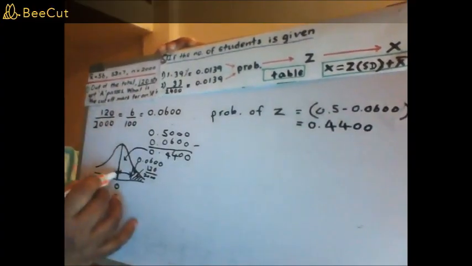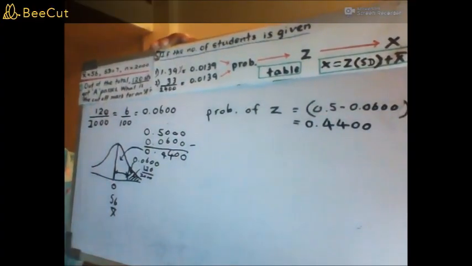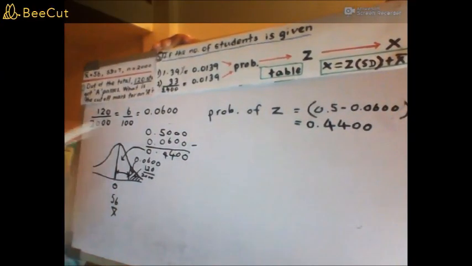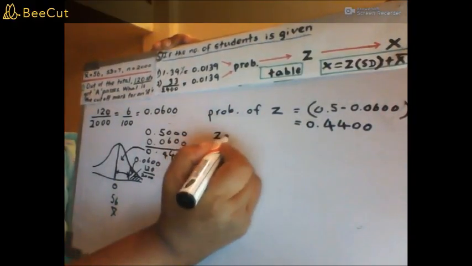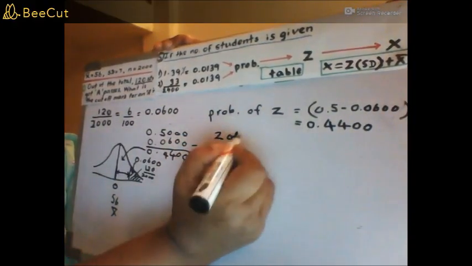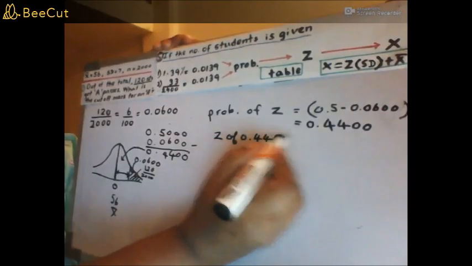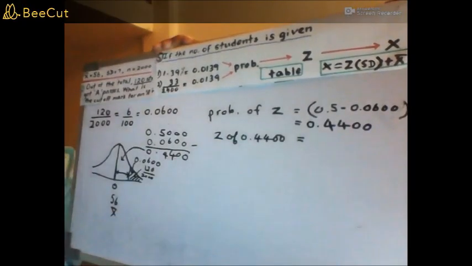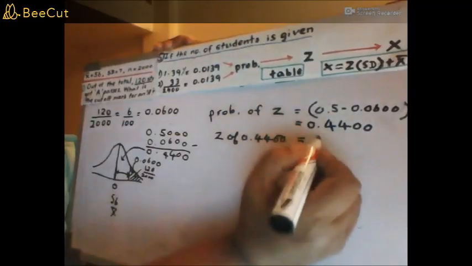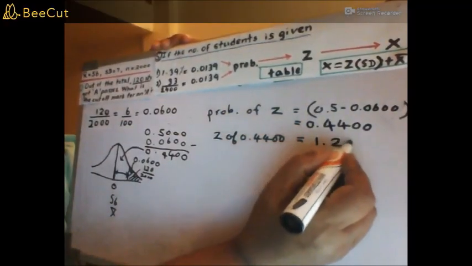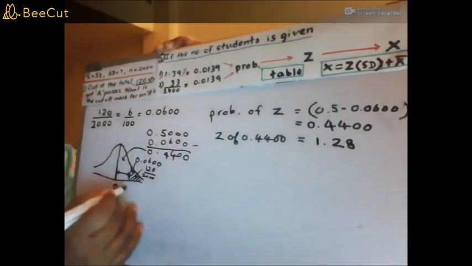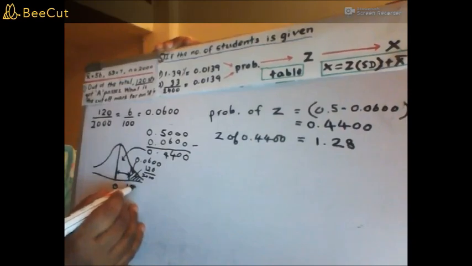That's the probability for the Z value. Now, what is the Z value for the probability 0.4400? From the table you can get it as 1.28. So that is 1.28.